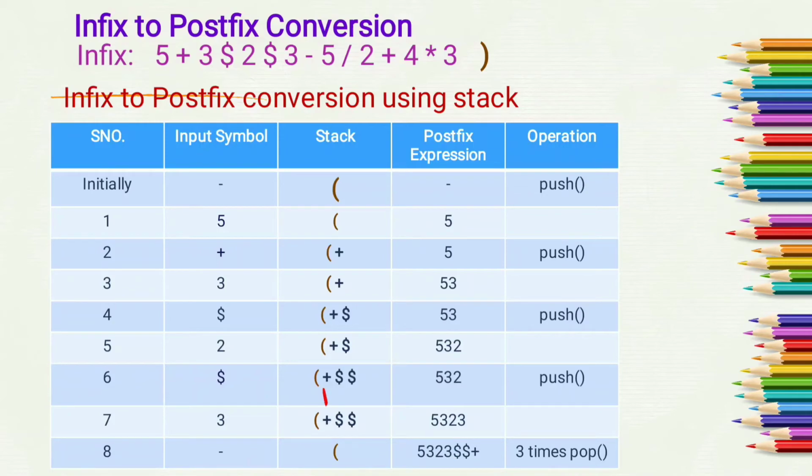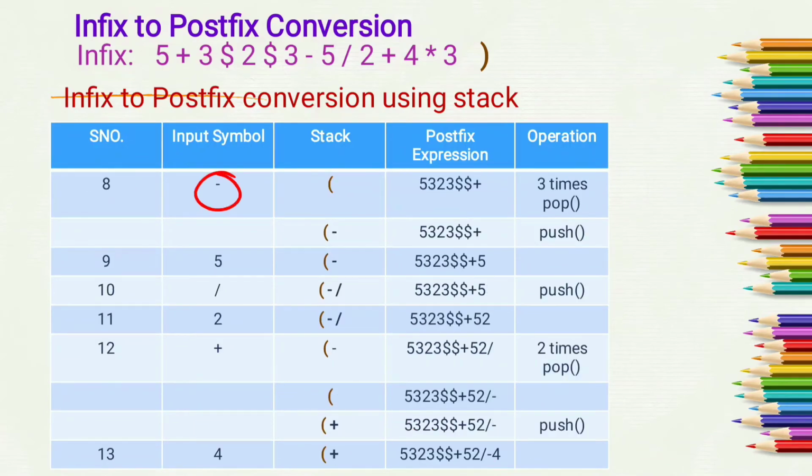Now we have plus and minus. Both have the same precedence. We cannot push minus over plus. So first we pop plus, then we push minus into the stack. Here we perform pop operation three times. First this dollar will be popped out, then this dollar, then plus will be popped out.